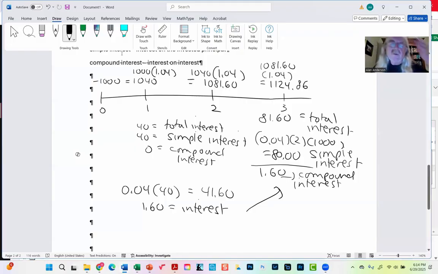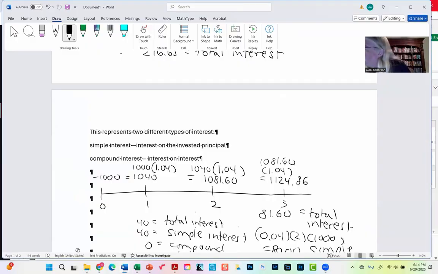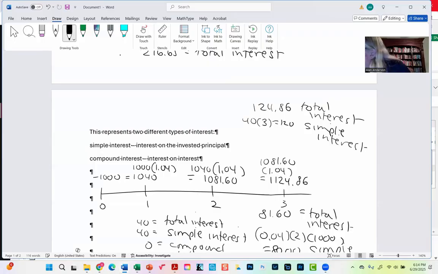And now we're running desperately short on space here, but I want you to notice that of this $124.86 in total interest, 40 times 3 equals 120 is our simple interest. And the rest is our compound interest.